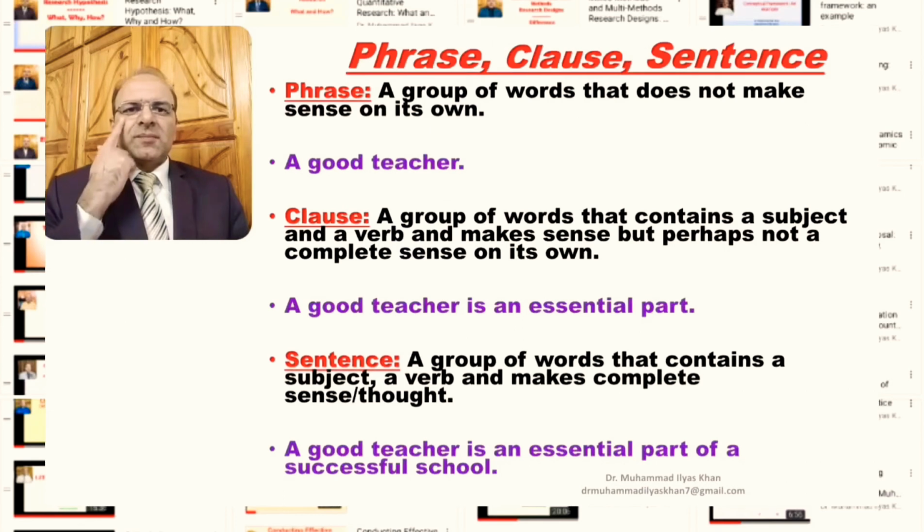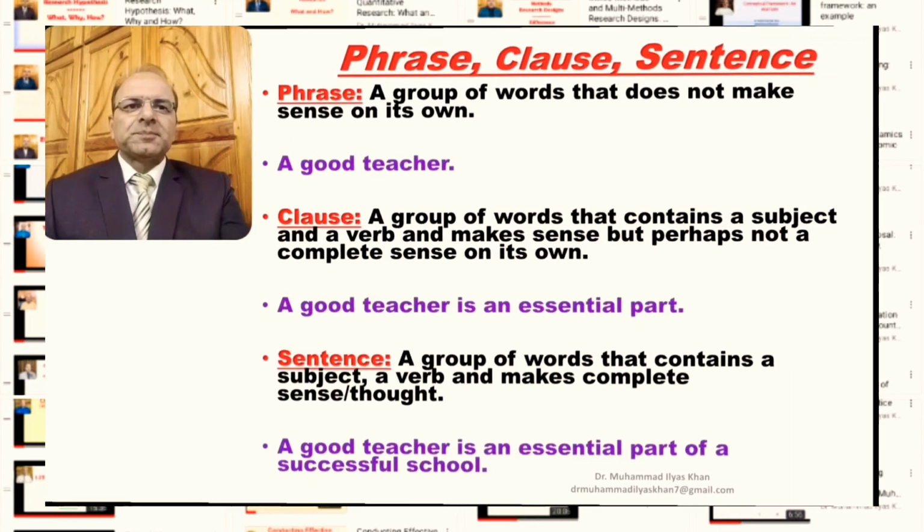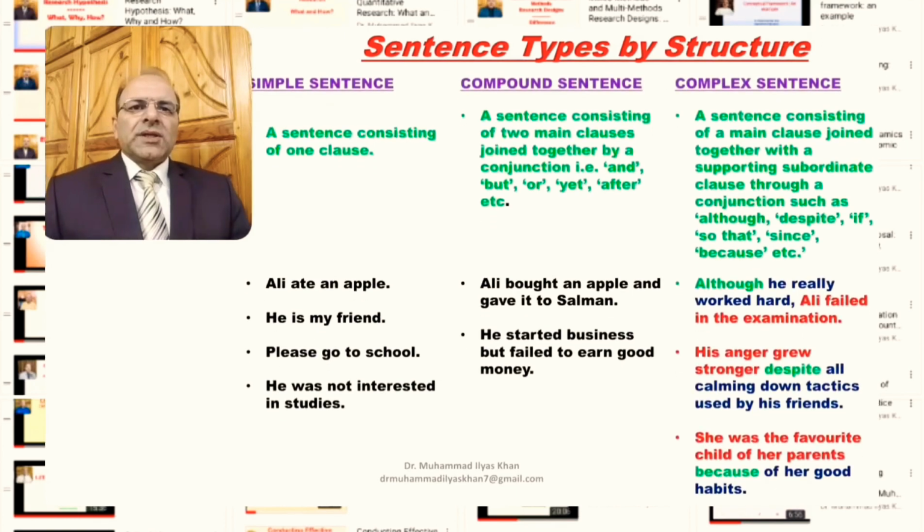Here you can see that this group of words has a subject, a good teacher, and then a verb, and it also gives complete sense. So this group of words contains a subject and a predicate, and the third attribute is that it gives complete sense. So this group of words will be considered a sentence.